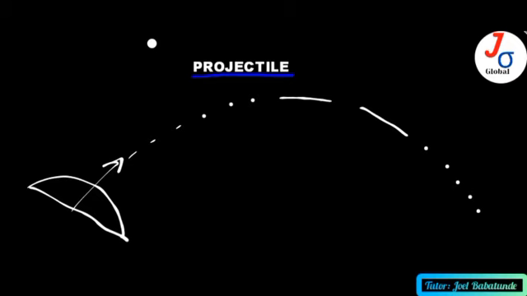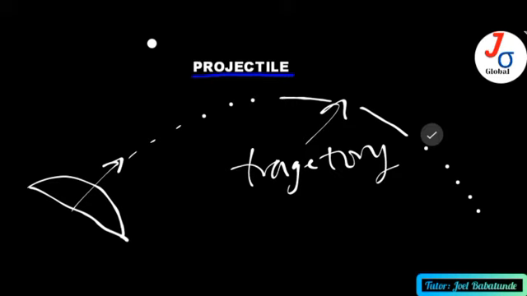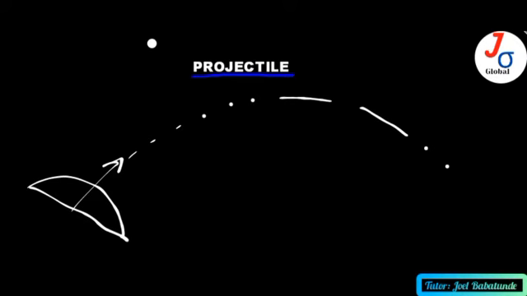That path which the object follows is what we call the trajectory, and it has a parabolic shape.